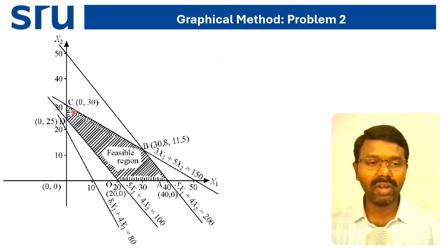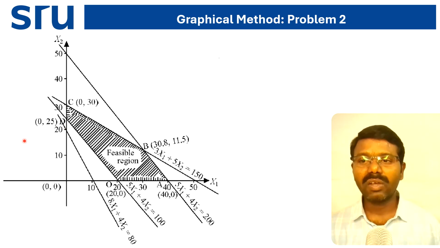Now we need to identify the corner points of the feasible region. Let us say this is O, that is 20, 0, this is A, that is 40, 0, this is B, 30.8, 11.5, this is C, 0, 30, and this is D, 0, 25. These are the corner points.